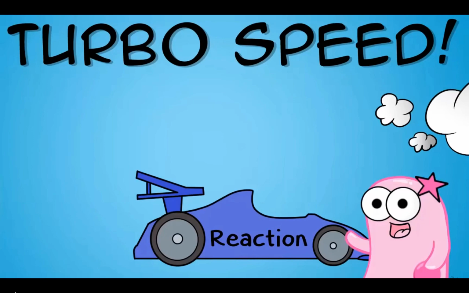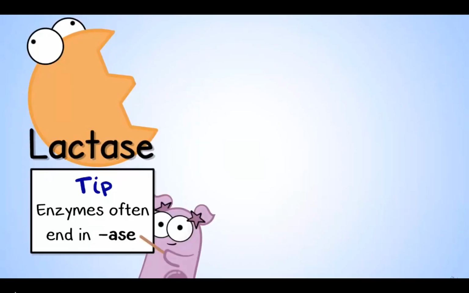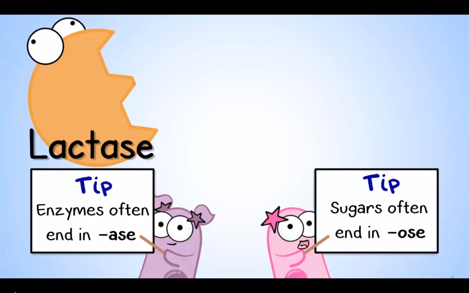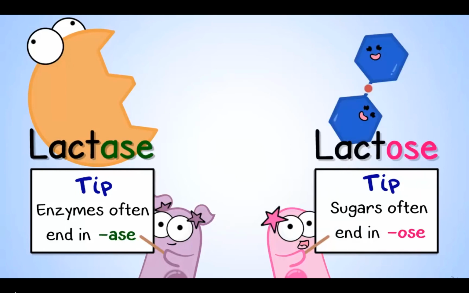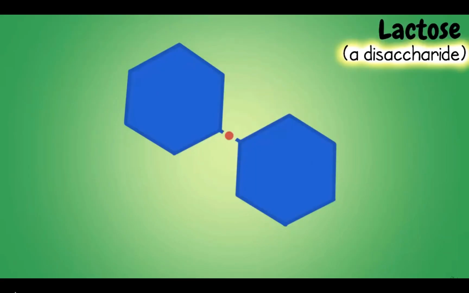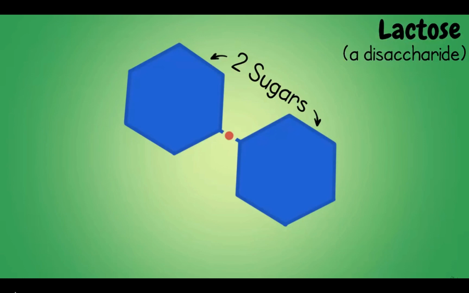Let me give you a great real-life example. The enzyme lactase. Another really cool thing about enzymes is that they often end in ASE, like lactase. Many sugars, on the other hand, end in OSE, and lactose is an example of a sugar. Lactose is a disaccharide, meaning it contains two sugar molecules bound together.